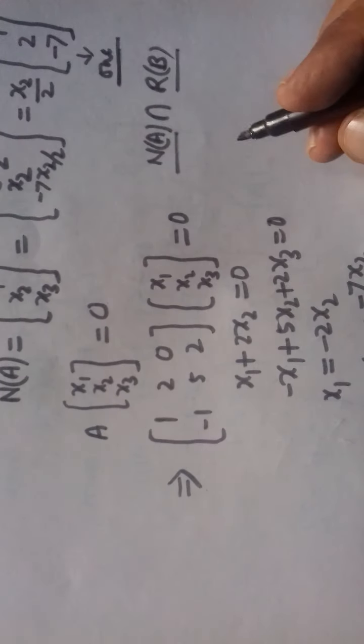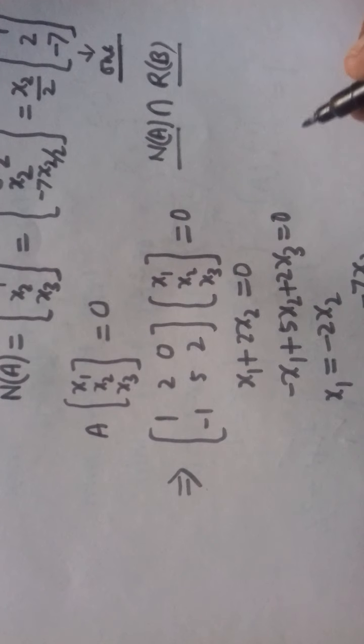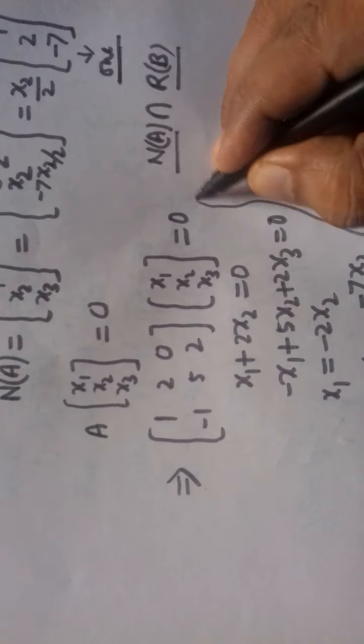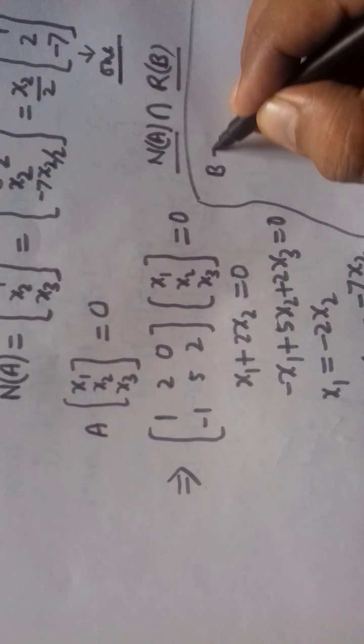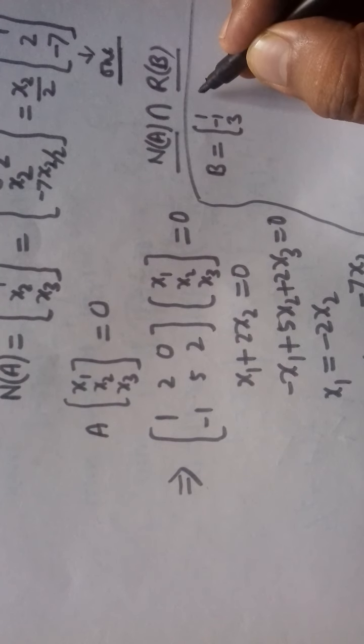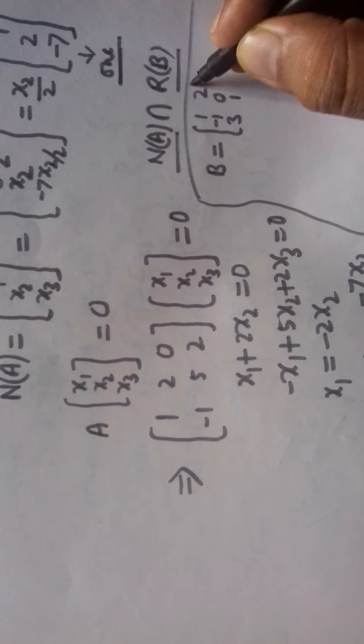Now suppose the range is of B, where B is given as the columns 1, minus 1, 3 and 2, 0, 1.